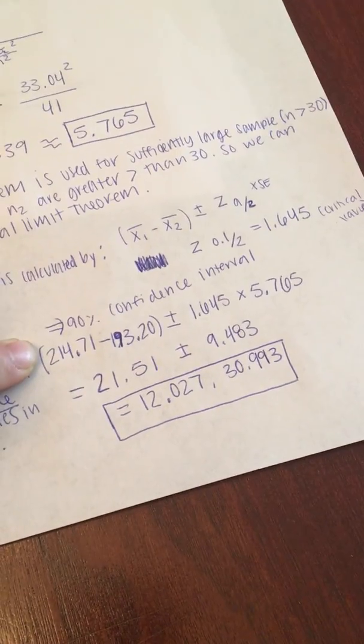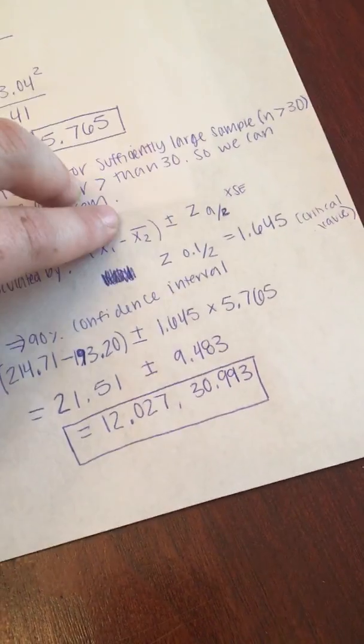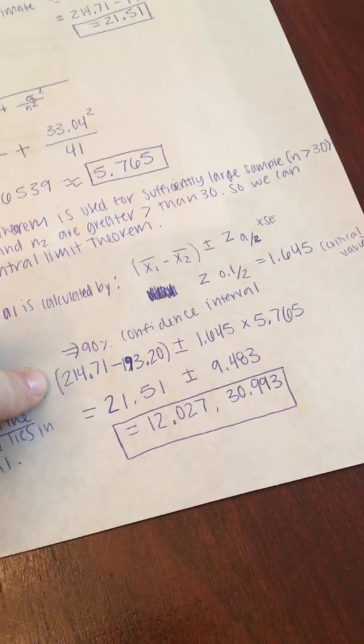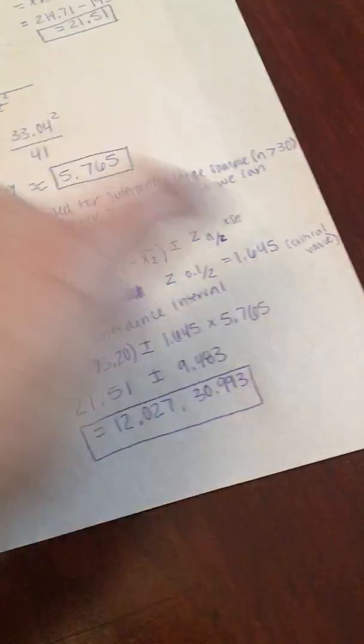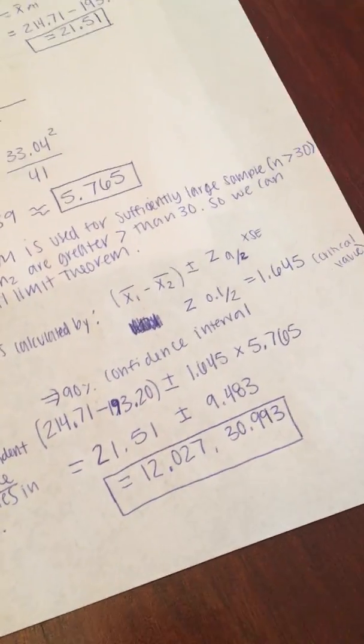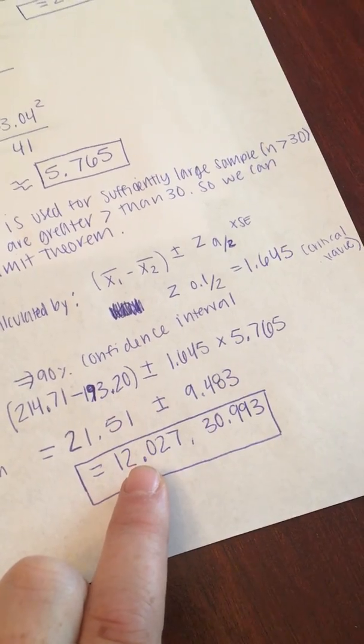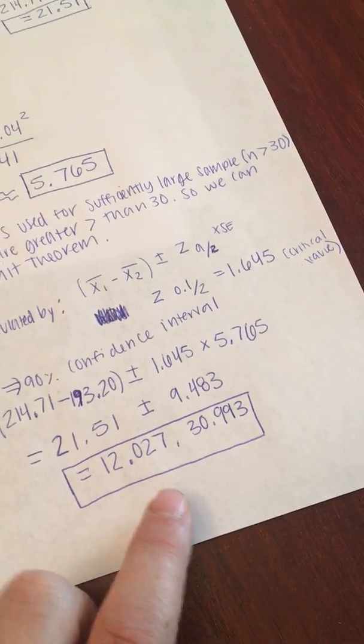So here, I basically punched in, we do know from the previous that our critical value is 1.645, and we're going to punch that into our formula here. And basically, we determine that 21.54 plus or minus 9.483.